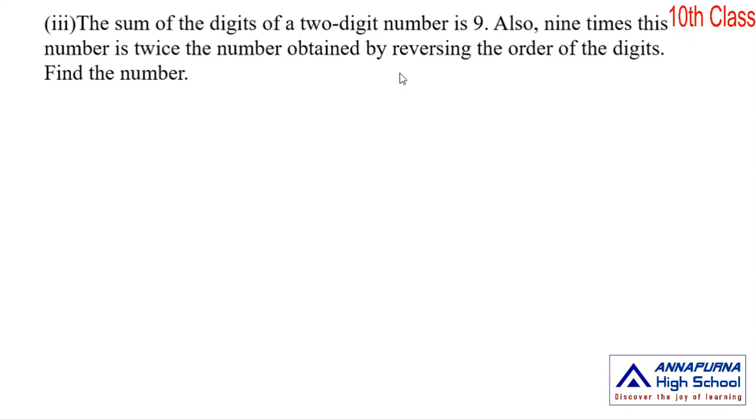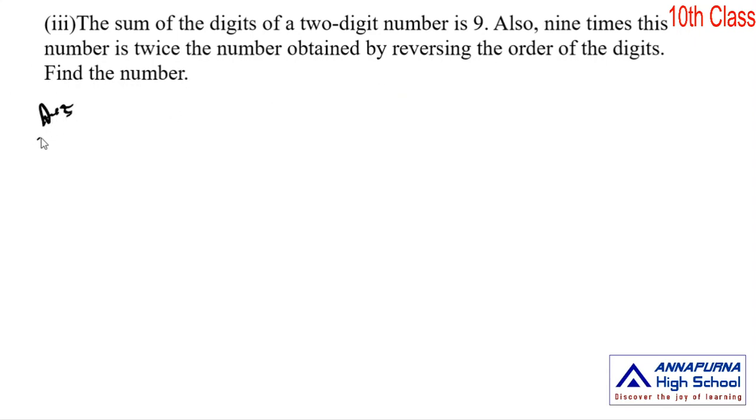Most important question. The sum of the digits of a two-digit number is 9. Also, 9 times this number is twice the number obtained by reversing the order of the digits. Then you find the number.